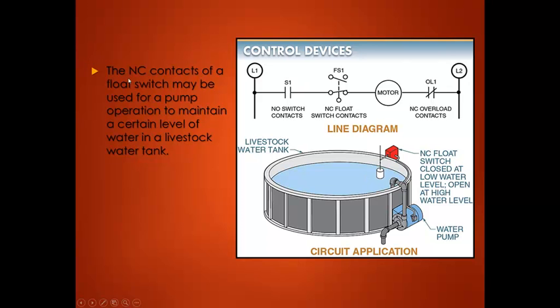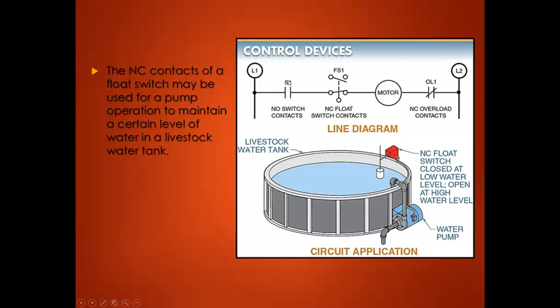Normally closed contacts of a float switch may be used for a pump operation to maintain a certain level of water in a livestock tank. So this is an example for using a float switch. A float switch is a device that floats on water and basically opens and closes electrical contacts to allow a motor to run or not run.